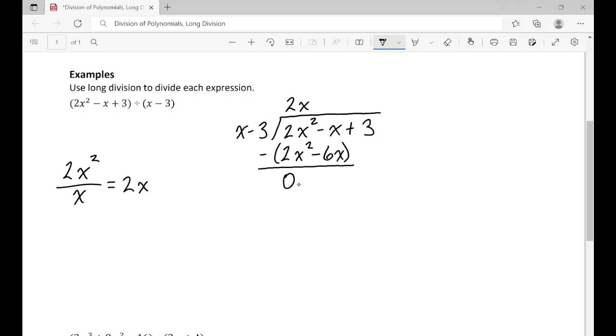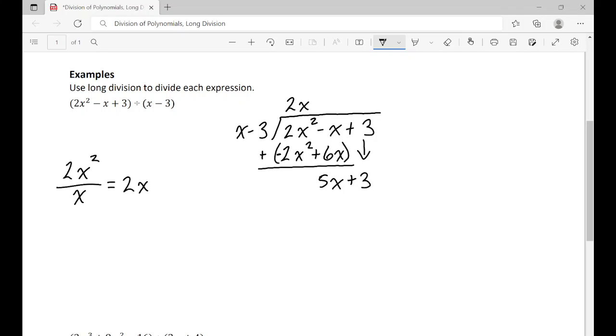So we can just write a 0 there, or we can just leave it blank because we know there should be nothing left there. Next is negative x minus negative 6x, and since this is minus a negative 6x, we can call it plus 6x. So negative x plus positive 6x is going to give us 5x. And then we're going to bring down the 3. There's a positive 3 because we have two terms here and we need two terms here.